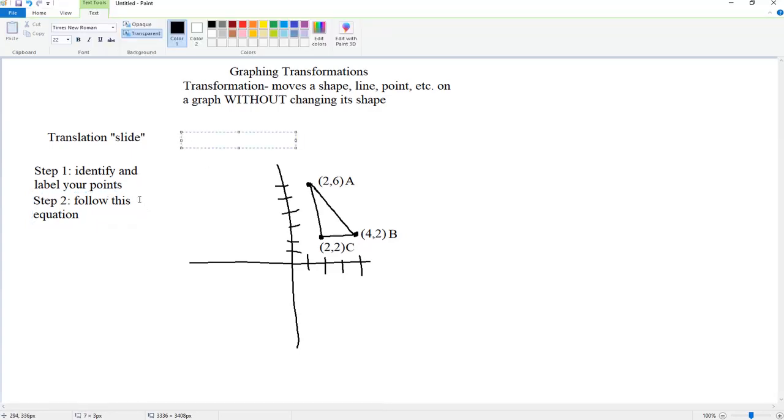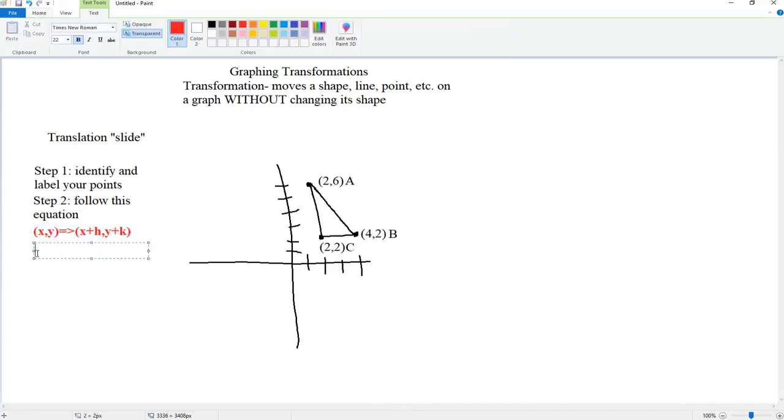You'll be able to do these in seconds. The equation that you need to know is (x, y), then you draw an arrow, then (x plus h, y plus k). I'll explain what that means in a bit. I'll put this in bold, and I'll put it in red.